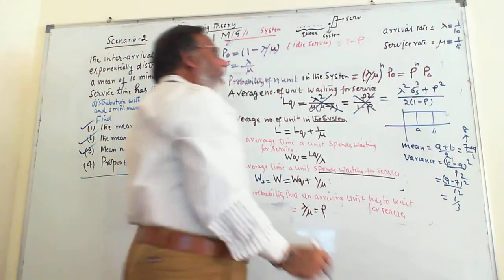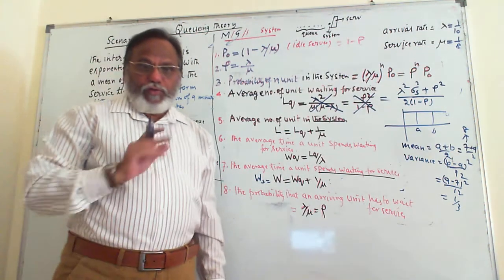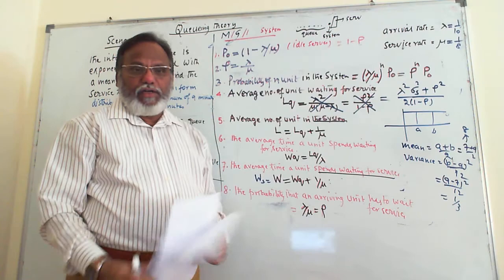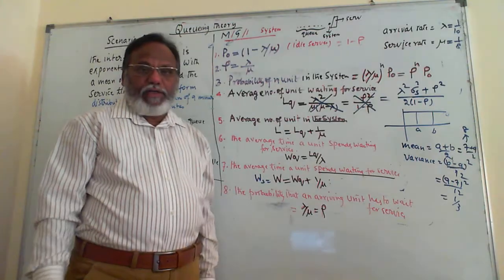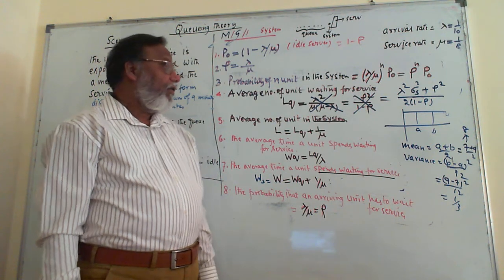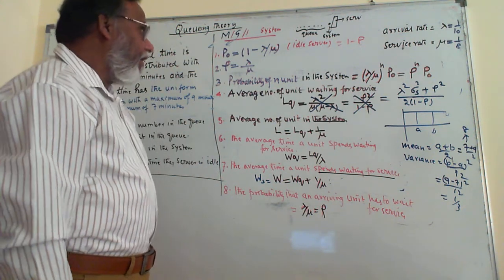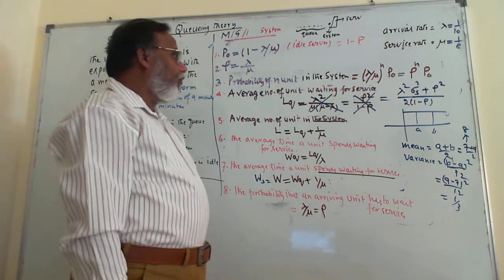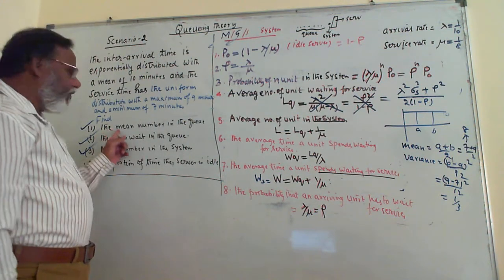So we have already got the two important pieces of information, the arrival rate and the service rate. Having got that, we will now move forward to solving this question.